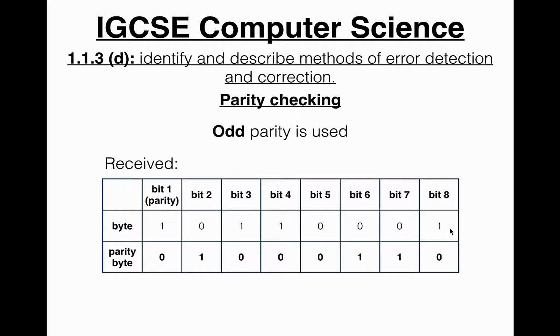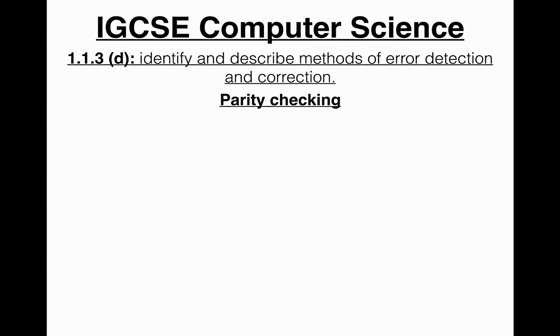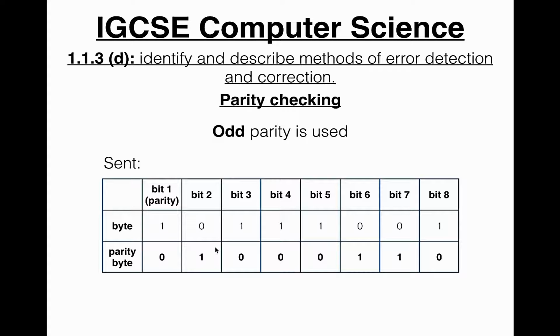Let's look at the sent one just to get a better idea. The parity byte is calculated by checking the parity vertically, so it's basically a vertical check. The parity bit is calculated horizontally, so 1, 2, 3, 4, and if odd parity is being used, this would have to be 1 to make 5.